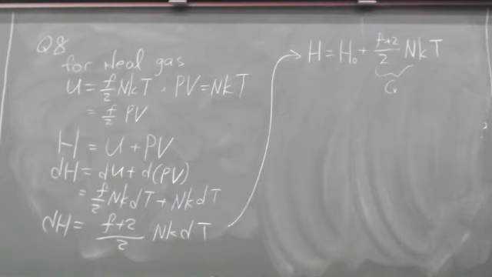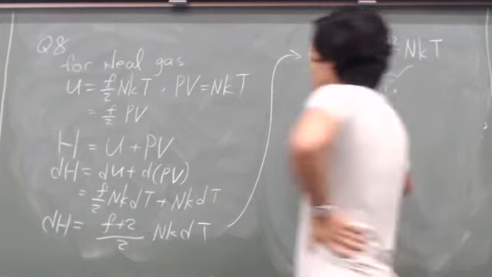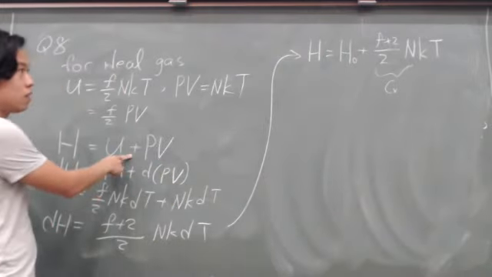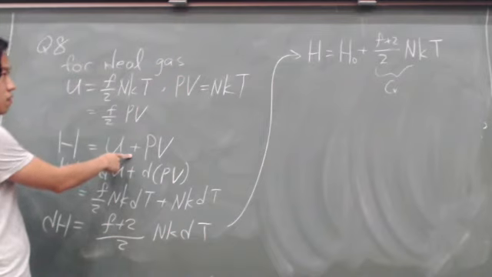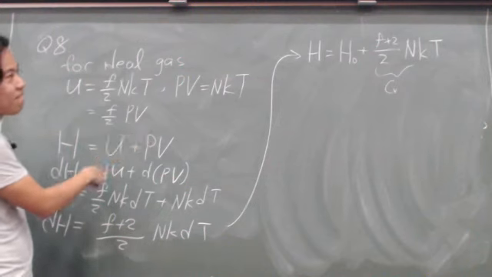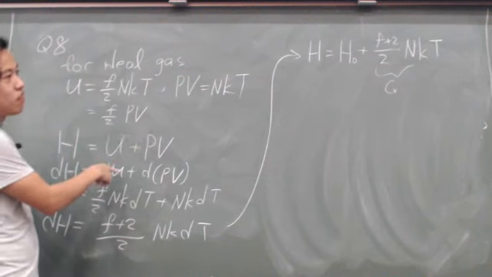Yeah? So why wouldn't we just be able to put in U and PV straight into the enthalpy equation? Why do we need to integrate it first? Oh, sorry, derive it first. You can put it into here. Yeah, because we've got a function for U, we've got a function for PV, so why do we need to derive it first before putting it in? Yeah, true, there's probably no point.